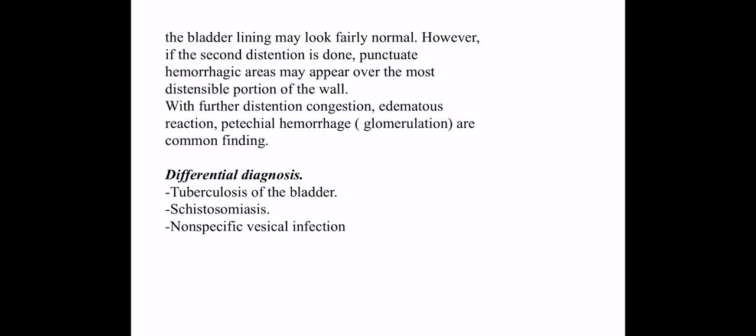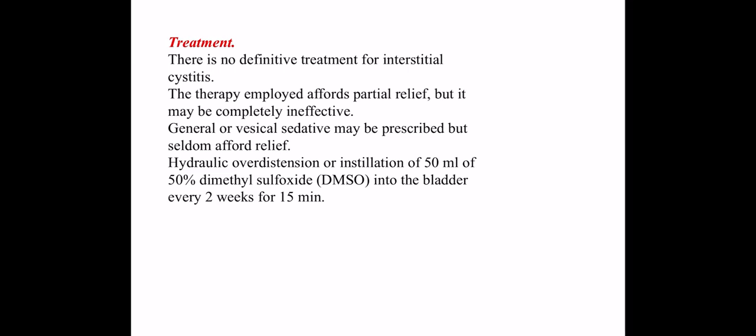With further distension, congestion, edematous reaction, petechial hemorrhage and glomerulation are common findings. Differential diagnosis of interstitial cystitis includes cystitis of chronic infection like TB and schistosomiasis, and non-specific vesical infection.